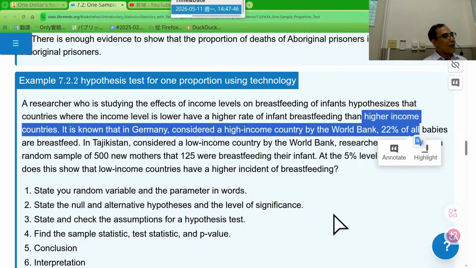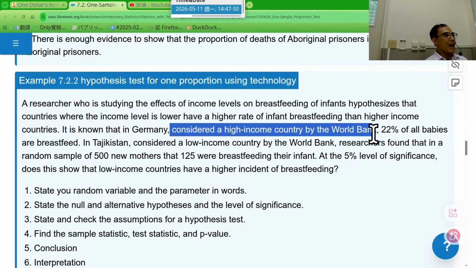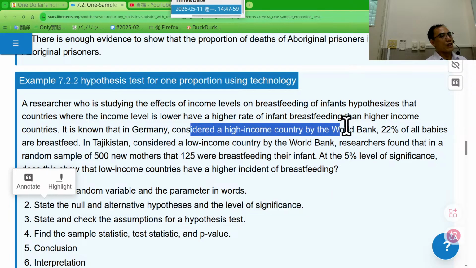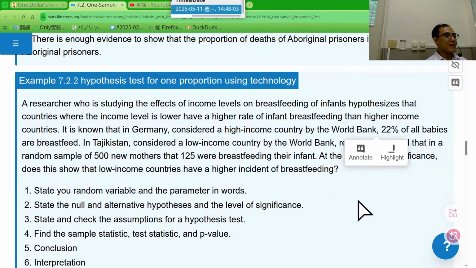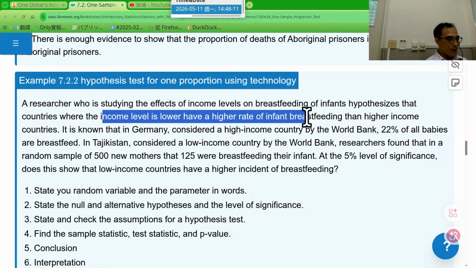Generally, high income countries may be supposed to have a lower breastfeeding rate, and low income countries a higher breastfeeding rate.